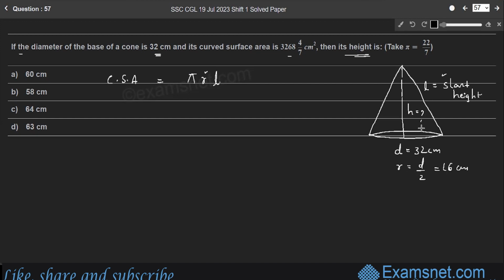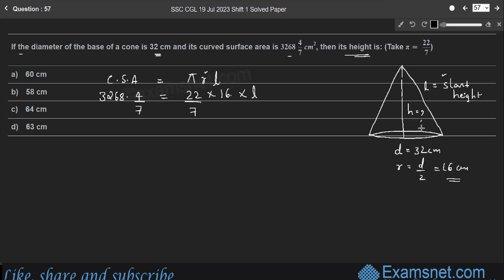Here, curved surface area is given. So 3268 4 by 7 centimeter square is curved surface area. Pi is 22 by 7 into radius is 16 centimeter, into slant height. So here, students, we can simplify this.